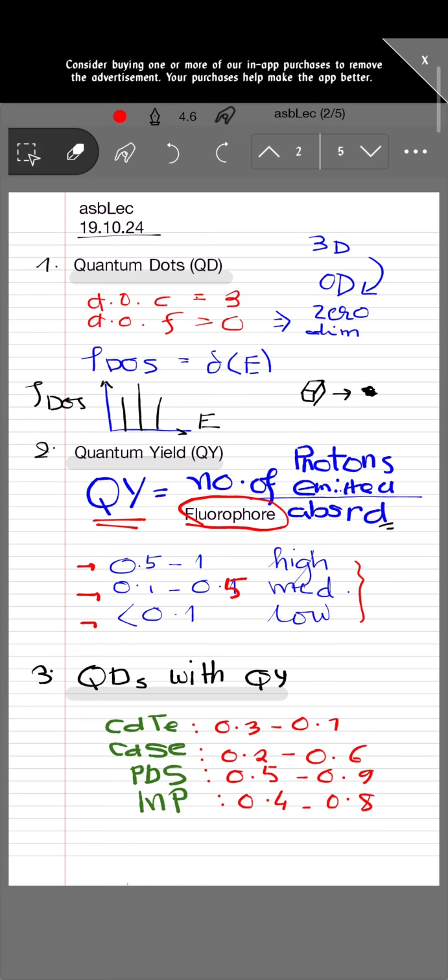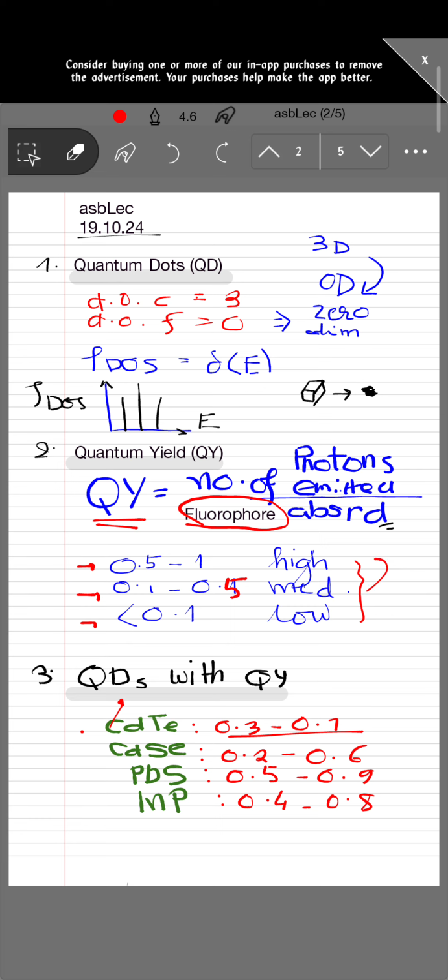Now the semiconducting materials which can be made into quantum dots are the following. For example, cadmium selenide has a quantum yield of 0.3 to 0.7, falling between medium and high value.